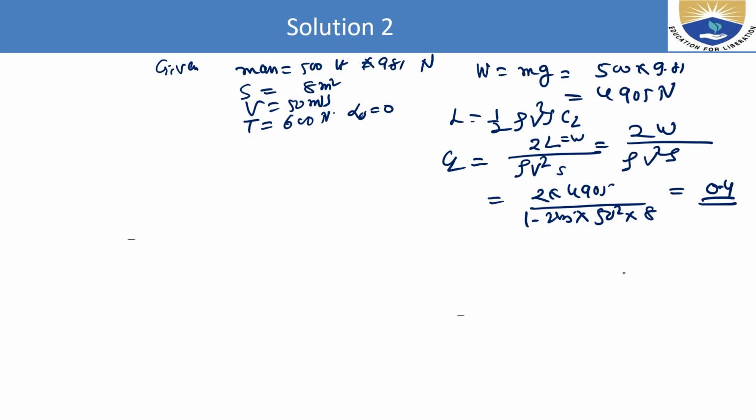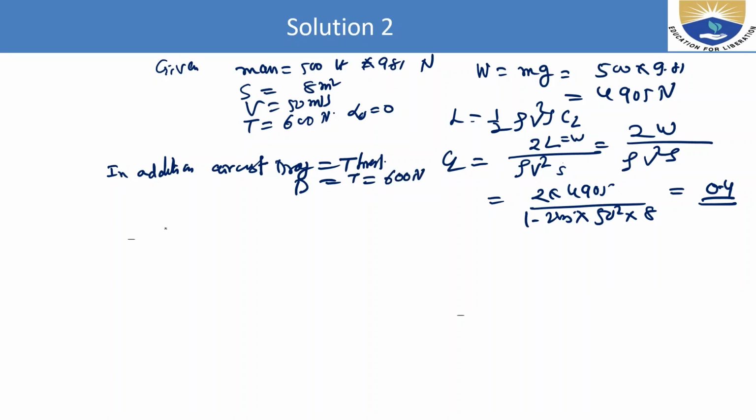In addition, we know that for the aircraft, drag is equal to thrust, D is equal to T, and this is given as 600 Newton.